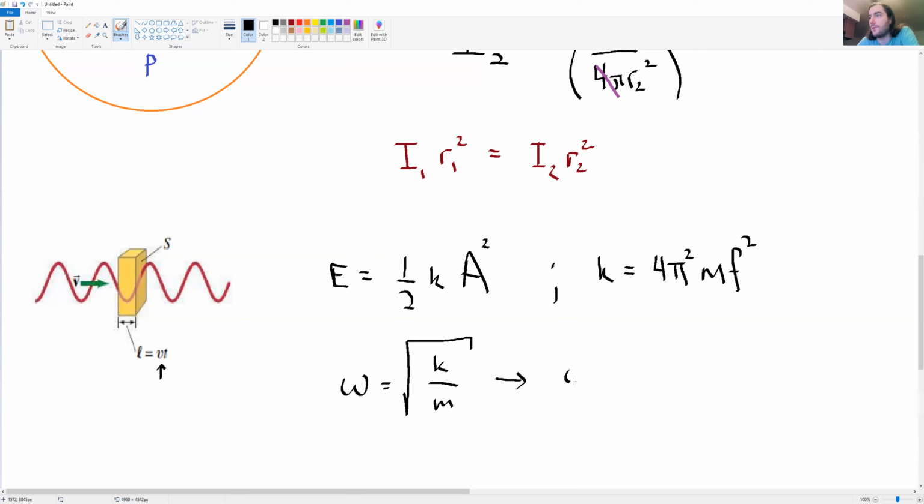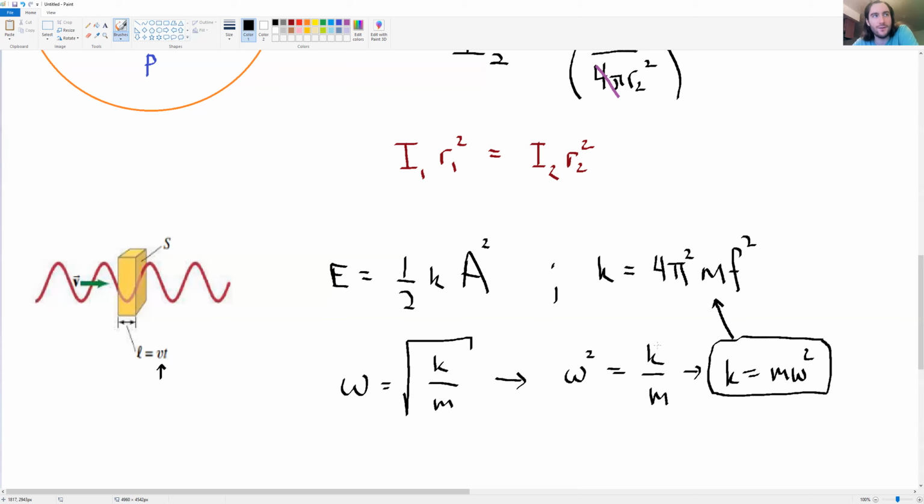How do we cancel a square root? We square both sides. Right, so we have omega squared equals k over m. You can multiply m to the other side, right? So k equals m omega squared. And this is so much easier to remember than this right here, right? This is a nightmare to remember. k equals m omega squared, not so bad.